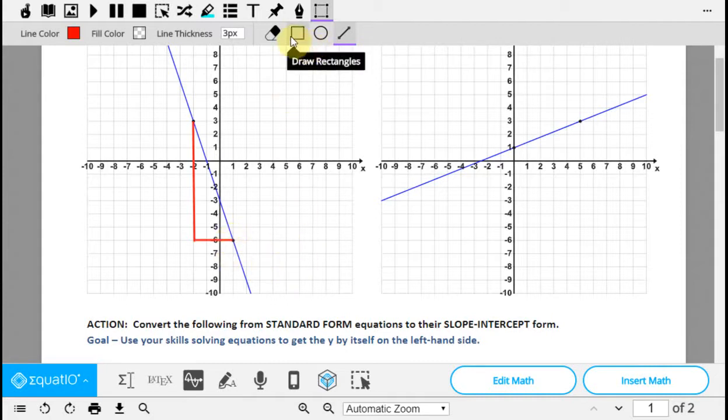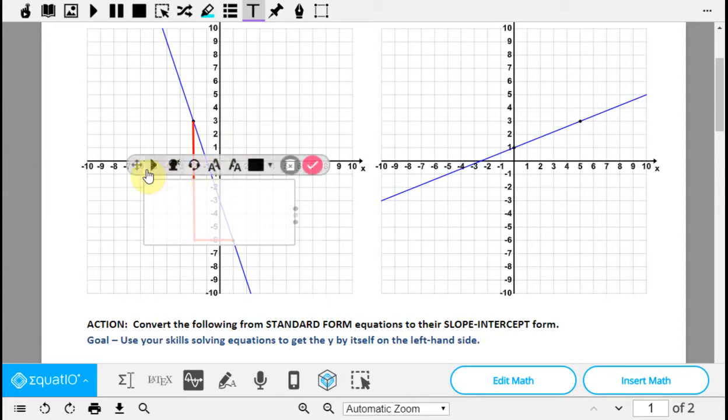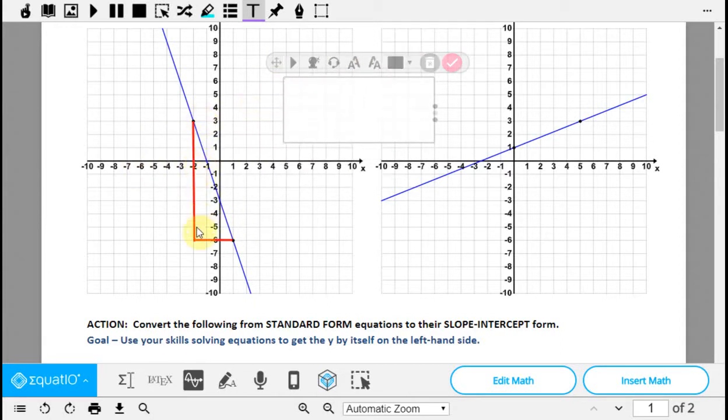And I want to add my values in. So my rise, I'm going from 3 down to -6. So that's 3 and 6. I'm going down 9. So my rise is -9.